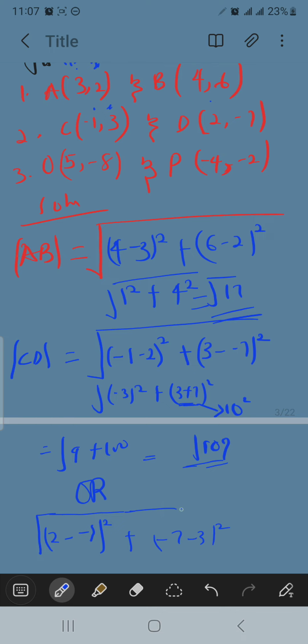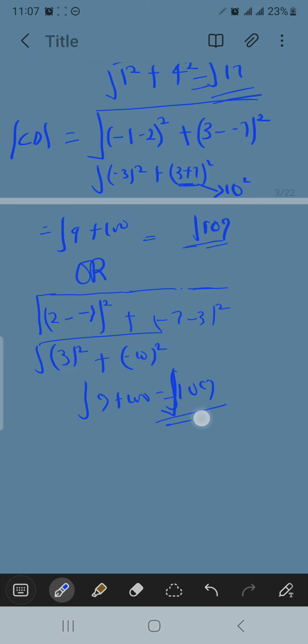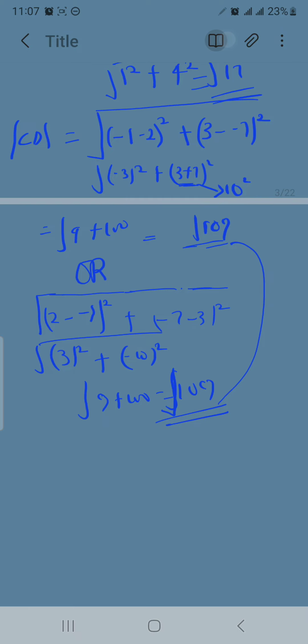I want to show you that it is the same thing. That's why I'm doing it. So now this one is going to be 3 squared plus minus 10 squared, square root. So this will be the square root of 9 plus 100. It will be the square root of 109. Is it not the same thing? This one and this one. Are they not the same thing? They actually did the same thing. And I hope you understand why I did it.